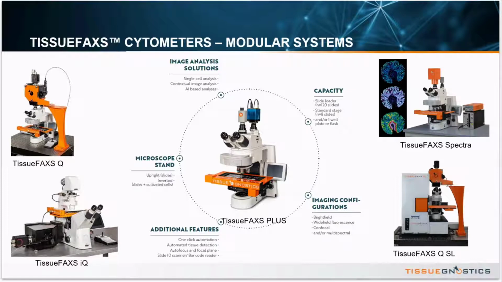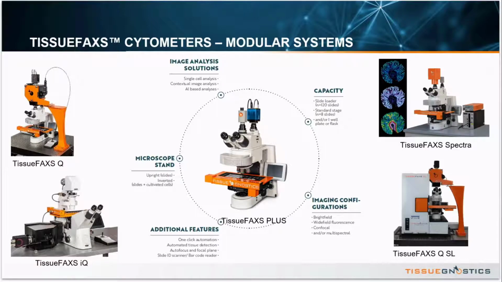The instruments are available in different configurations for transmission microscopy, fluorescence microscopy, spinning disc confocals, or whole slide confocal imaging, also an inverted setup where you can do live cell imaging and time kinetic experiments, a high throughput configuration with a slide loader for 120 slides, and a spectral imaging system using a liquid crystal tunable filter.